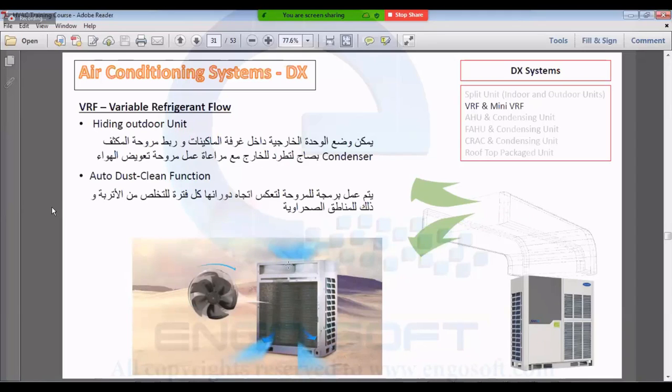We said that the outdoor unit should be installed outdoors. If there is no option of installing it outdoors, it can be installed indoors inside the mechanical room, providing that you provide the ventilation for the room, for the unit, and you exhaust the air from it through outside the roof, right?